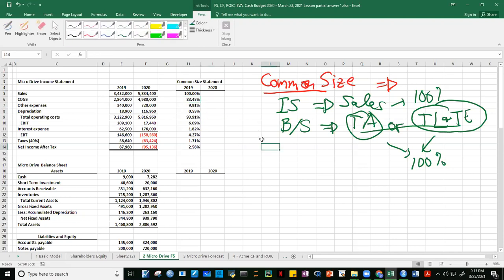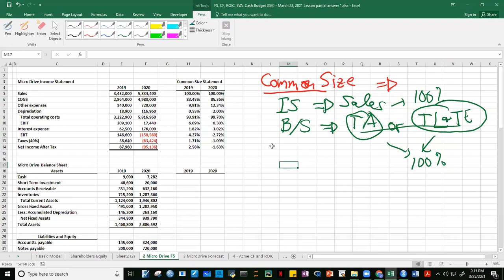Pag income statement siya, guys, lahat dinidivide natin ng sales of that particular year. So ito naman, dito ako magsisimula, this amount divided by sales 2020. Enter. So if you go up there, ayan. And if you go down here, ayan.